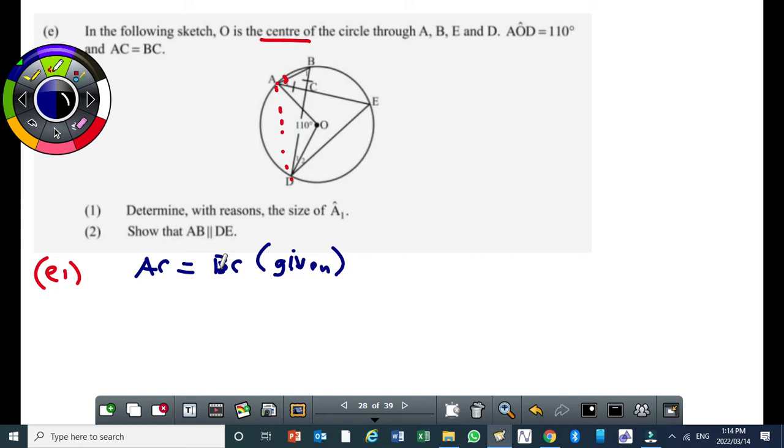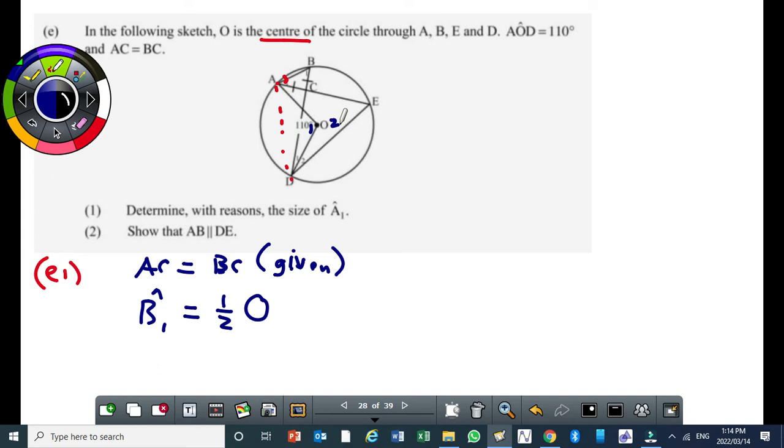Then I'll say B1 is equal to half of angle O. Well, please allow me to just call it O1 and then the reflex, I'll call it O2. You are allowed to do that. That's why when you write a geometry test, you might get a diagram sheet where you can write some stuff there.